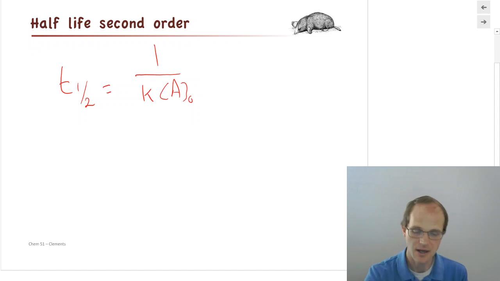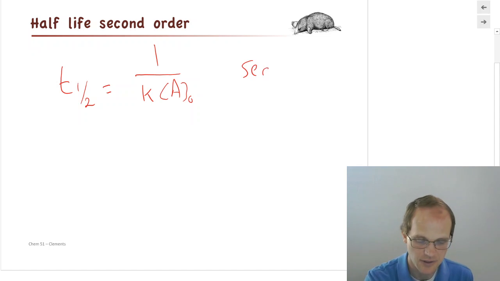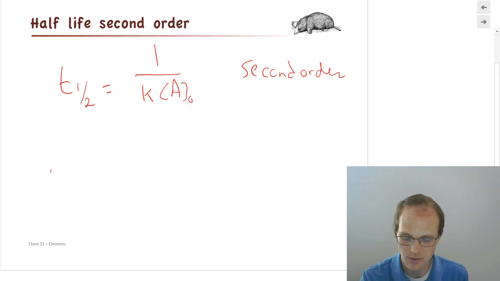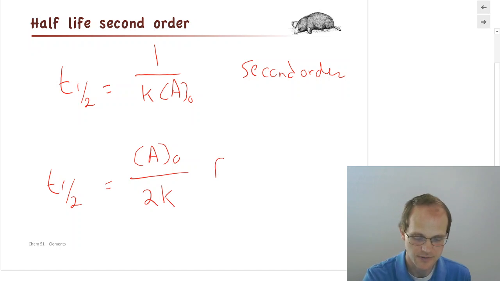Okay? And this is for second order. Let's go ahead and give it to you for zero order. t1/2 is A naught over 2k, and this is for zero order.